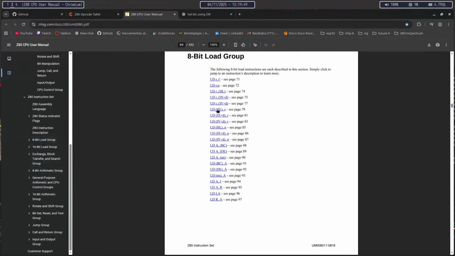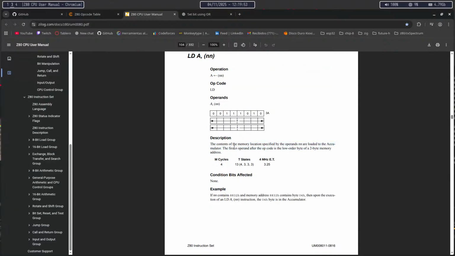I said it's not in here. Alright, here it is. The contents of the memory location. So if NN contains, then upon the execution of LDA NN, if NN contains a 32H in the memory address, if it contains byte 048, then upon the execution, the byte is in the accumulator.